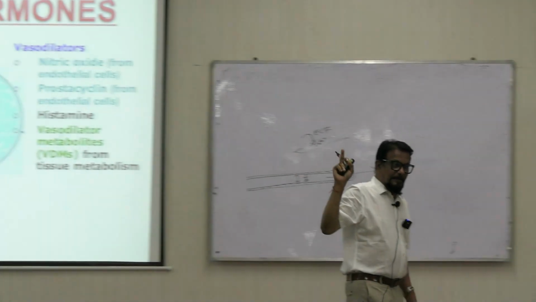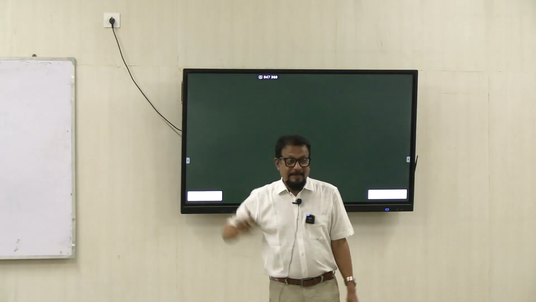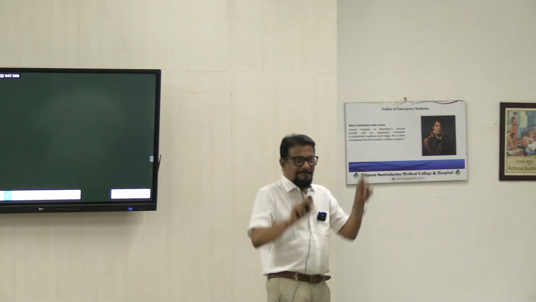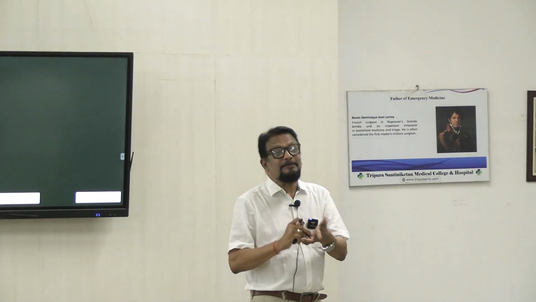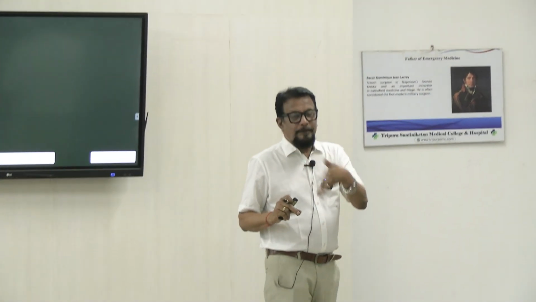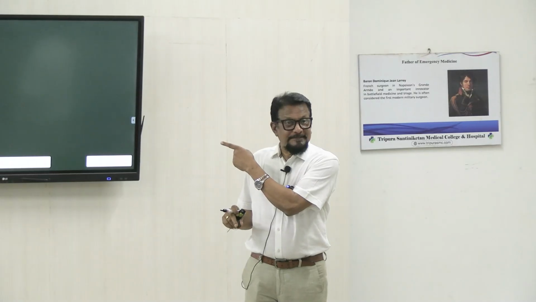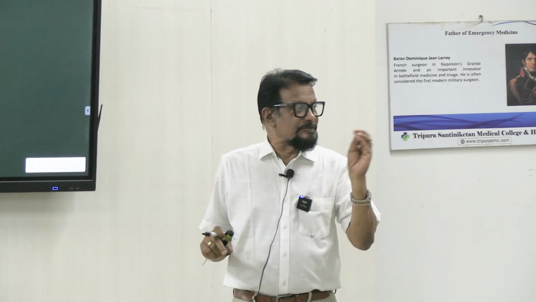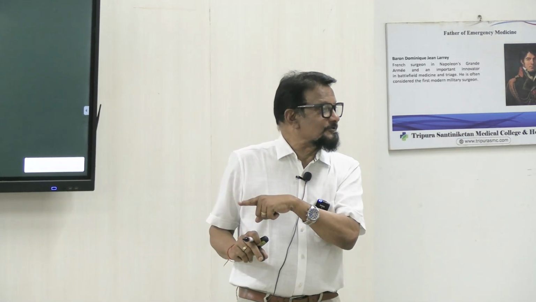So these are the vasodilating local hormones, and those are the vasoconstricting local hormones. With these local hormones, we can increase or decrease blood flow. When we need to increase blood flow, we produce vasodilators. When we want to decrease it, vasoconstrictor local hormones are secreted.